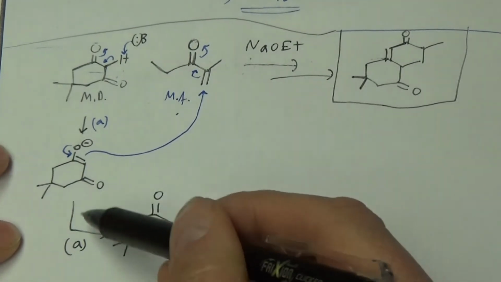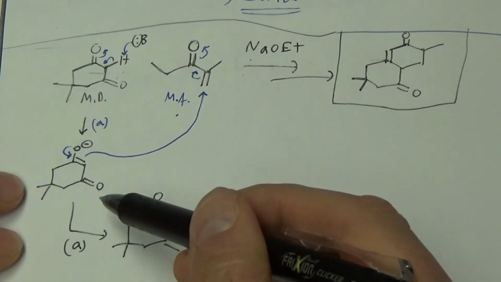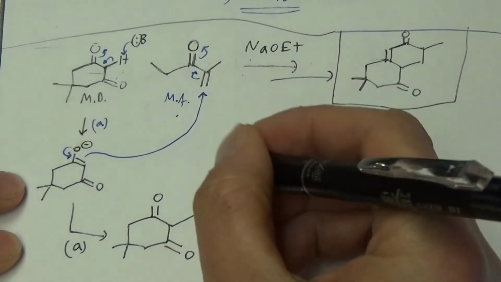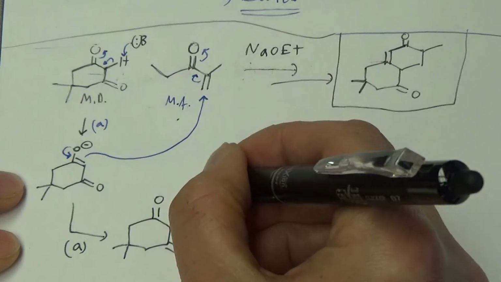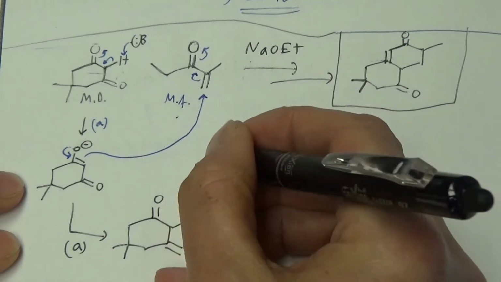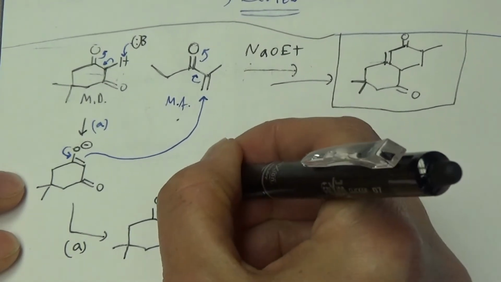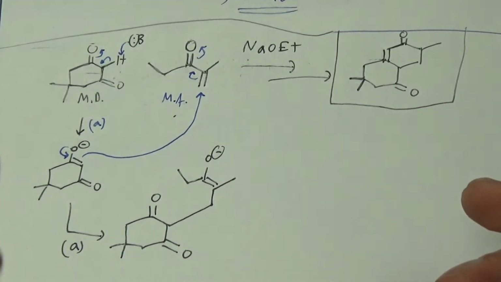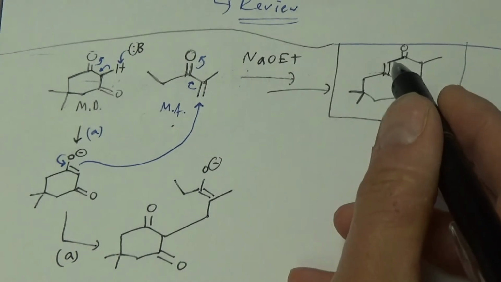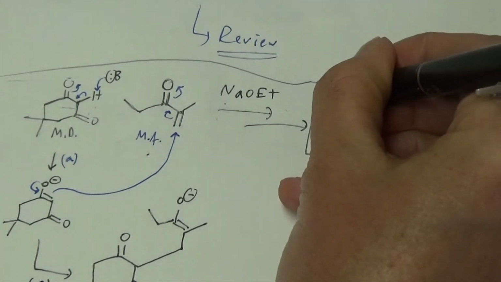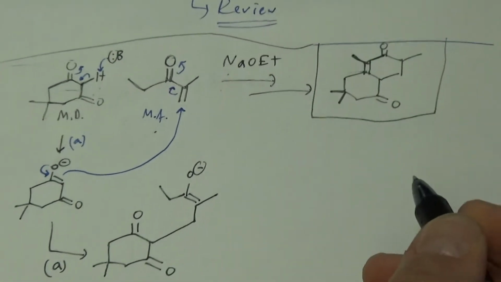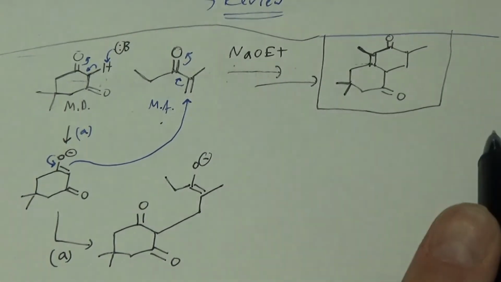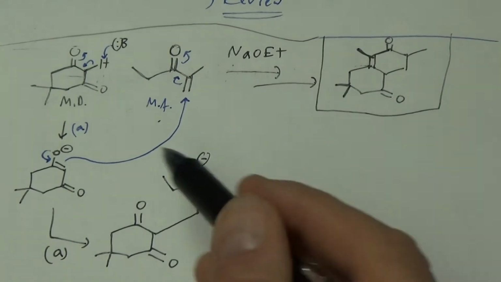So now we have the Michael donor attached to the Michael acceptor. So we got carbon, carbon, enolate, O minus, ethyl group. Oh, and I actually just noticed a problem. There's a methyl missing here too. I'm sorry. There we go. The reason I noticed that is because I saw that carbon and I'm like, where is it over there? There it is. Okay.